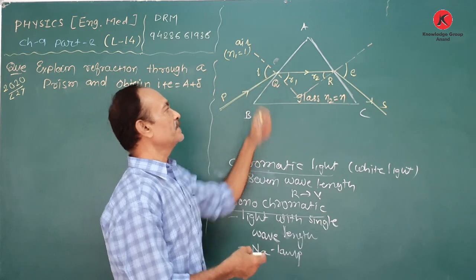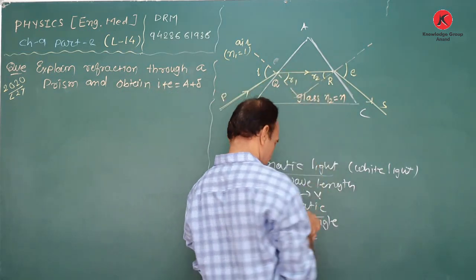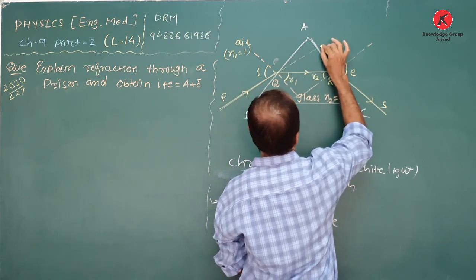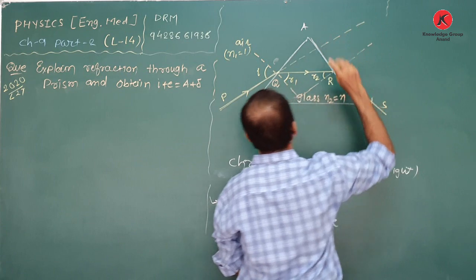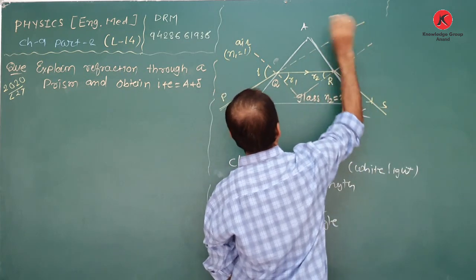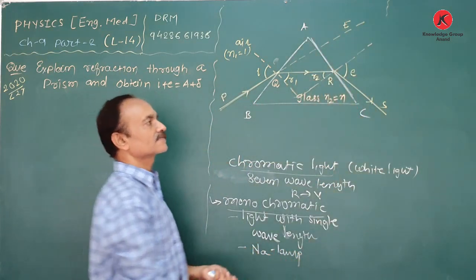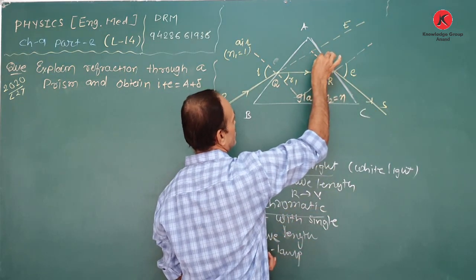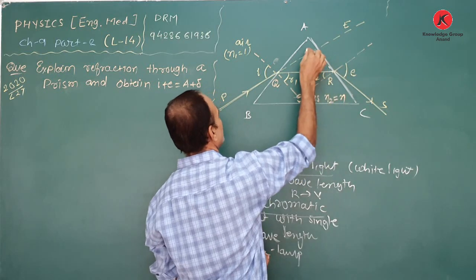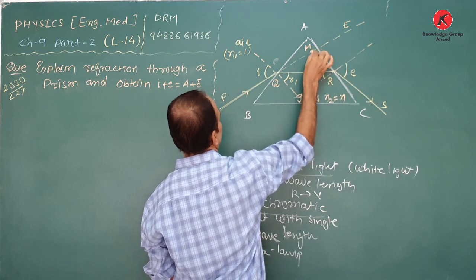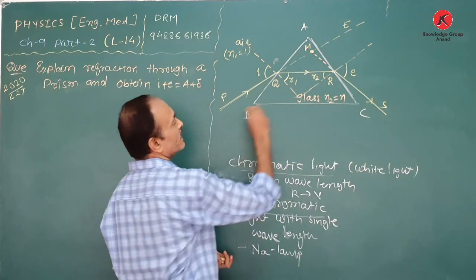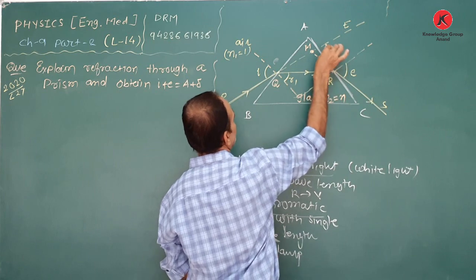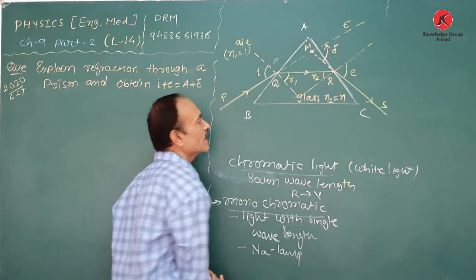Now, we extend the incident ray PQ to PQE. That is the direction of the incident ray PQ. And as we extend the emergent ray in that direction, both rays meet at point M. Therefore, the angle between the incident ray and the emergent ray is the angle of deviation, delta.